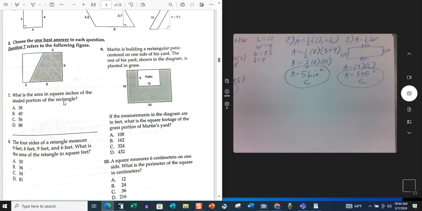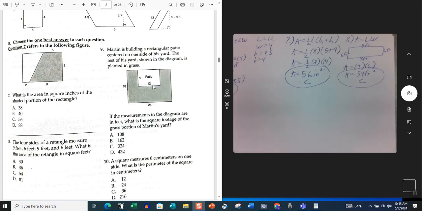Okay, so they said the grass portion. Now what they did here, they gave us composite figures. So you know, if the patio wasn't there, all of this would be covered with grass, and we would be done. We would just do length times width, 18 times 24. But we have to carve out the patio.